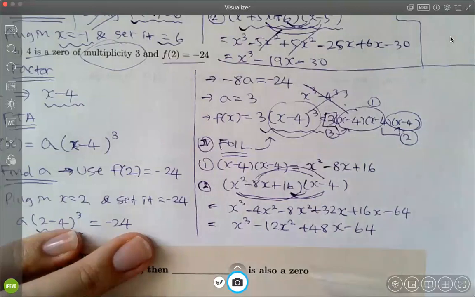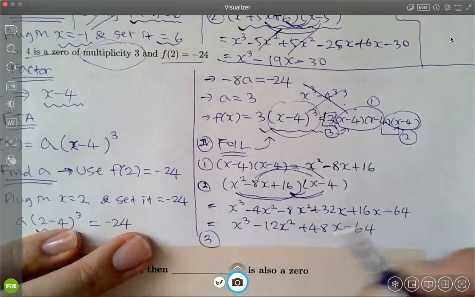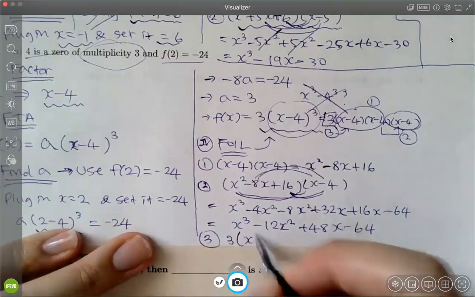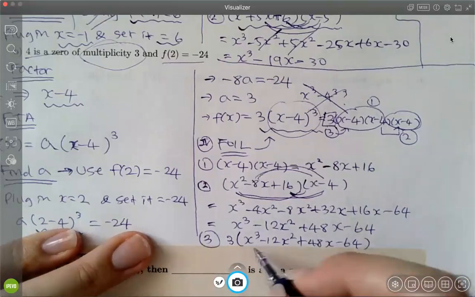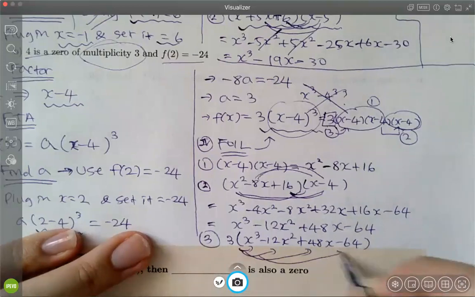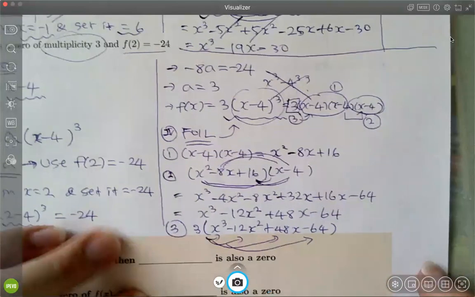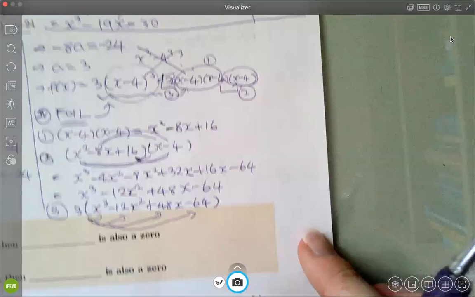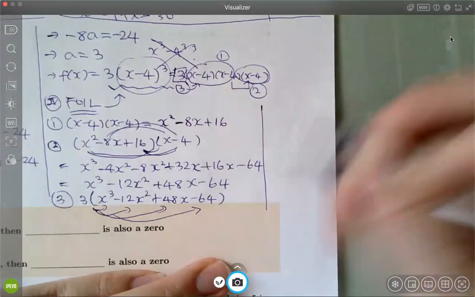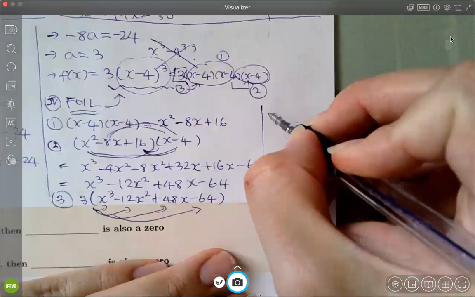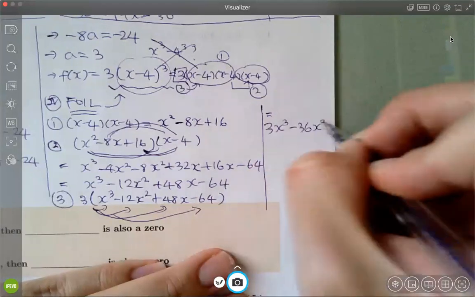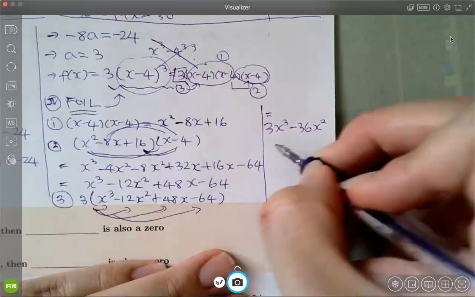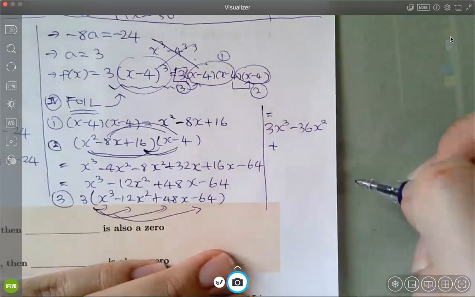Okay, and now, what do we have now? 3 in front, right? So now you have to distribute 3 to each of the terms, right? So what do we have at the end? You have 3x cubed minus 36x squared. And now 3 times 48, what is that? 144.